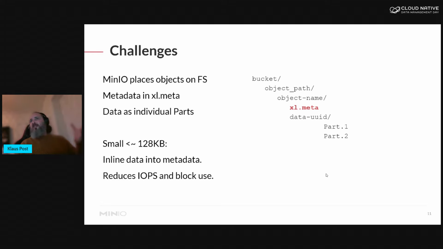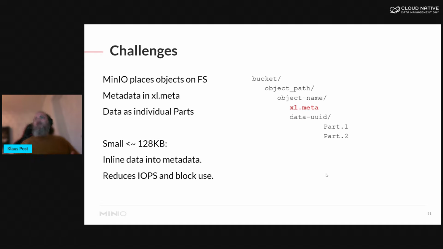So what we did is that, obviously, the overhead of having the parts separately on disk for very small objects becomes quite big in terms of just inodes and extra blocks that you use.